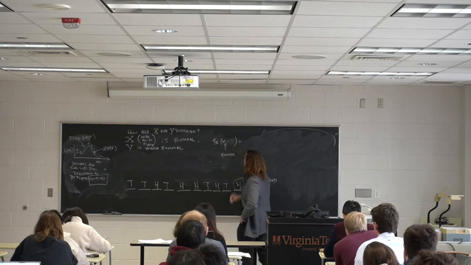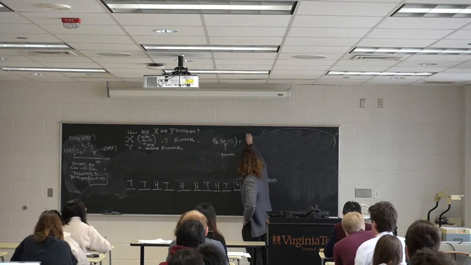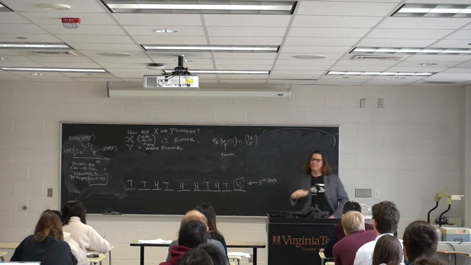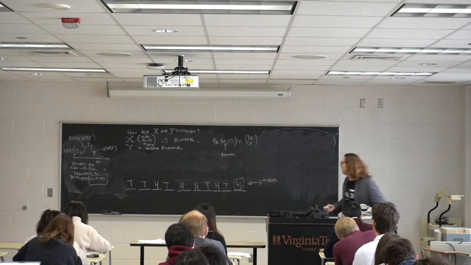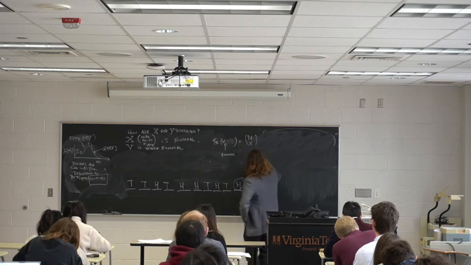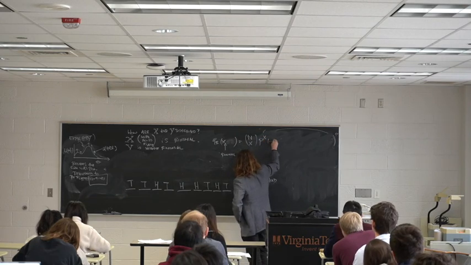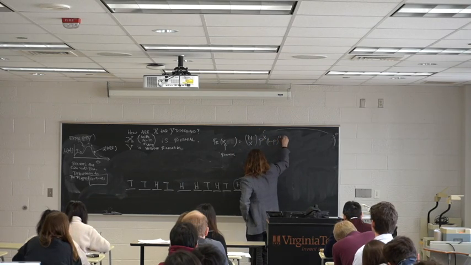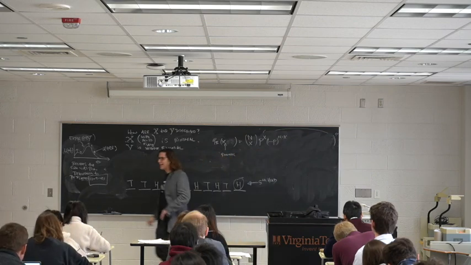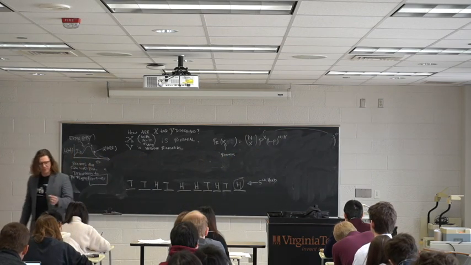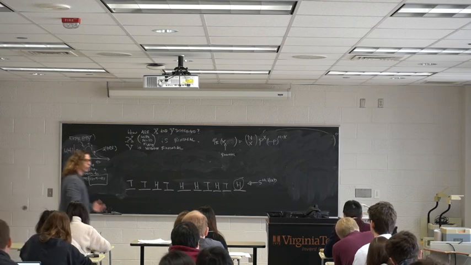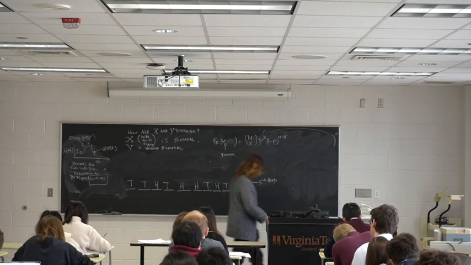I'll just say probability of x is n choose x, whatever the number is, how many successes they saw. So x is that random variable. N choose x, p to the x, 1 minus p to the n minus x. So that's experimenter 1's sampling distribution. And we all know that. We see this all the time.